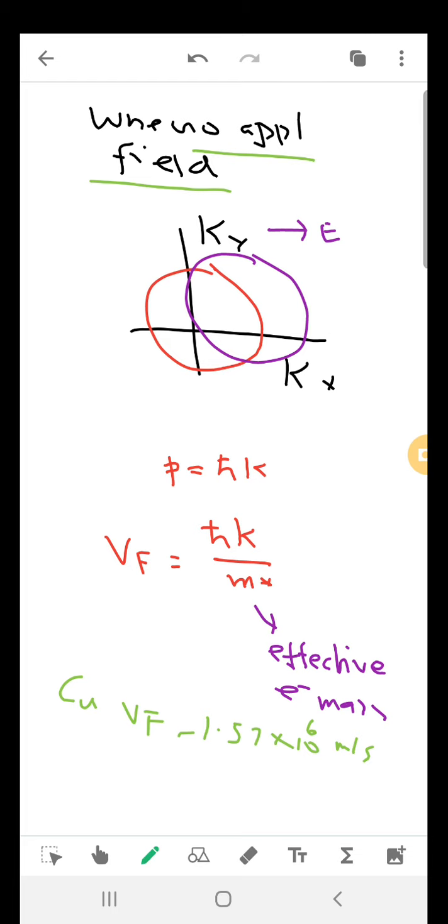There will be a shift, and this shift also indicates a shift in momentum, and the velocity will also be drifted. So apart from the free velocity, when there is no electric field, there will be a drift velocity added to it, and the net velocity V will be Vf plus Vd.